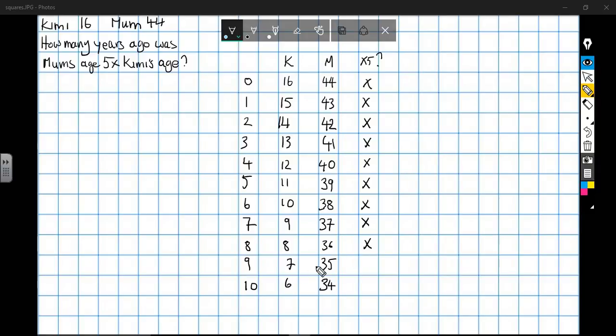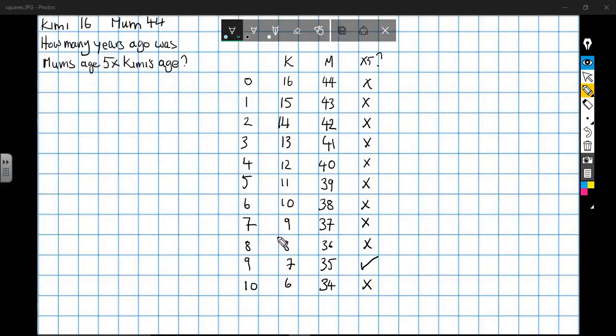Now, this looks like something I recognise out of my times tables knowledge. And yes, 5 sevens are 35. Yes, 35 is 5 times greater than 7. So that's a tick. Fantastic, we found it. We don't need to go further. So 9 years ago, Mum was 5 times as old as Kimi.